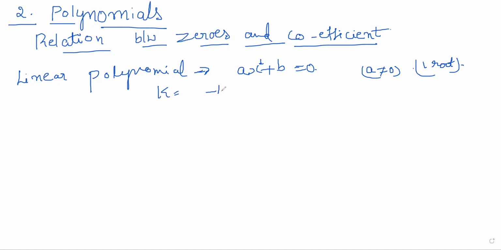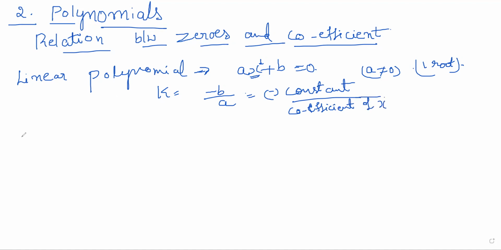And k is equal to minus b by a. Here b is the constant, and a is the coefficient of x.